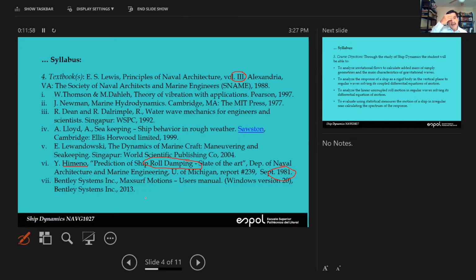And we simply go directly to MaxSurf to analyze those cases, okay? So simple cases, we will do by hand, let's call it like that. And more complex situations, more realistic forms, we will use MaxSurf.